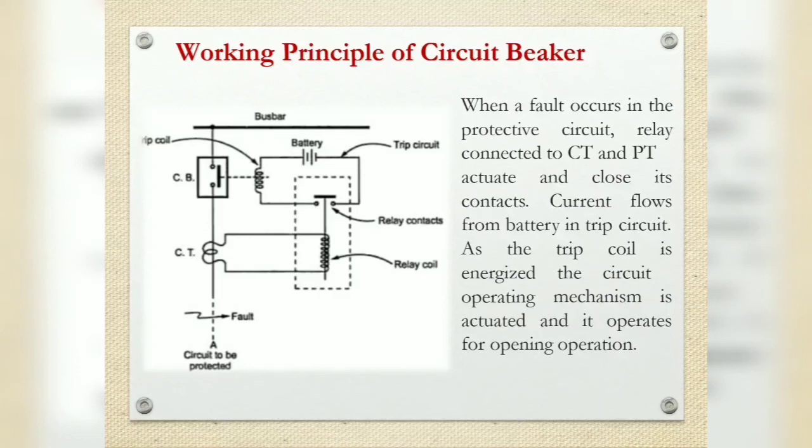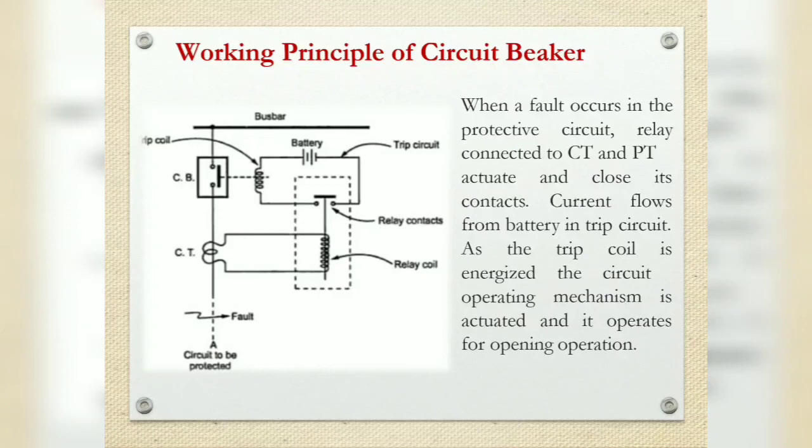Accordingly, the current in the secondary of the CT will increase, which is the current through the relay coil. So whenever it is high, the relay contact will get closed under the high fault current.